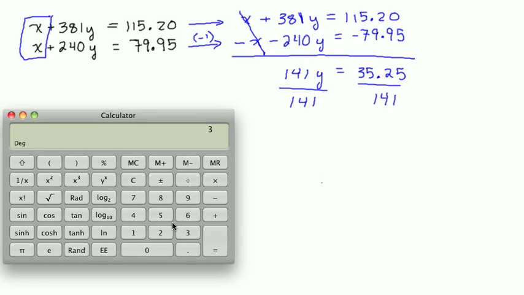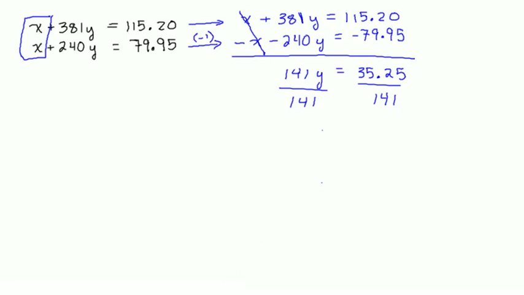I get 35.25 divided by 141 equals 0.25. So my y is equal to 0.25.